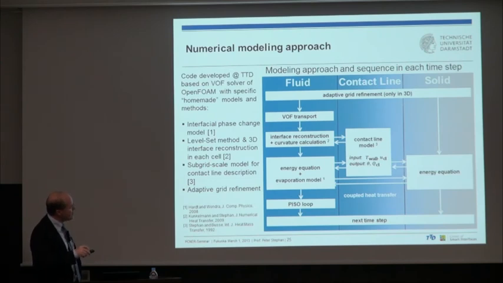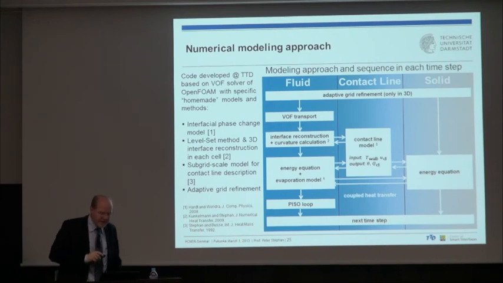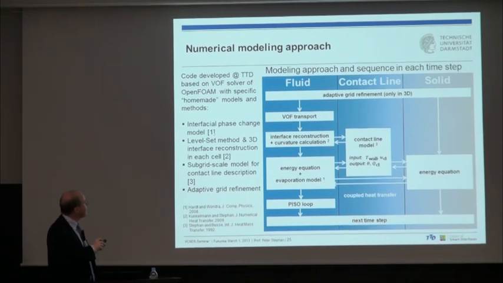We have developed this model further a little bit, and then we include this model as part of a larger macroscopic model. This macroscopic model is based on a volume of fluid solver. We typically use, meanwhile for these very fundamental studies, only OpenFOAM. And in this OpenFOAM code, using the volume of fluid solver, we have implemented our specific, I call it homemade, models and codes.